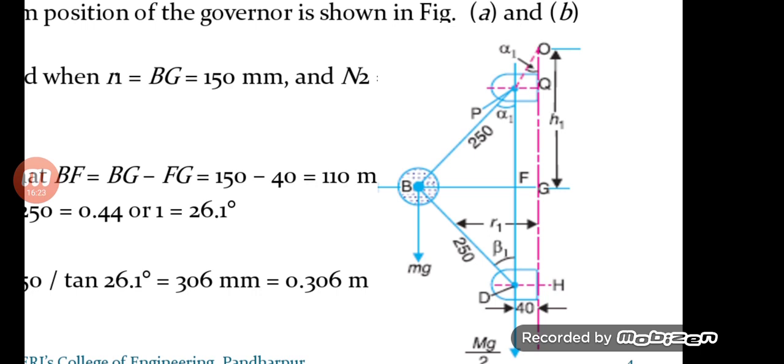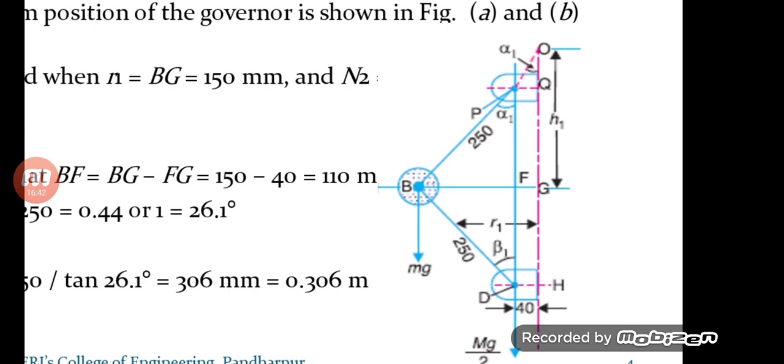In this case, the suffix 1 on alpha and beta will be used for the minimum speed at which the governors are rotating, and suffix 2 for the maximum speed. That will be the next diagram we are going to see.